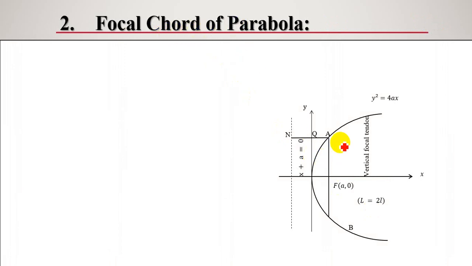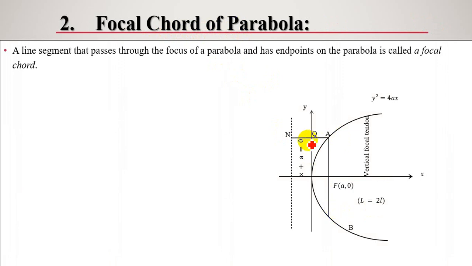The chord of the parabola, which we have here, as we said before, the distance between this one to this one is equal, x plus a equal 0 here, and we have that equation of it because we are going to the left direction, and we have a vertical focal chord, this one, which is called the latus rectum.